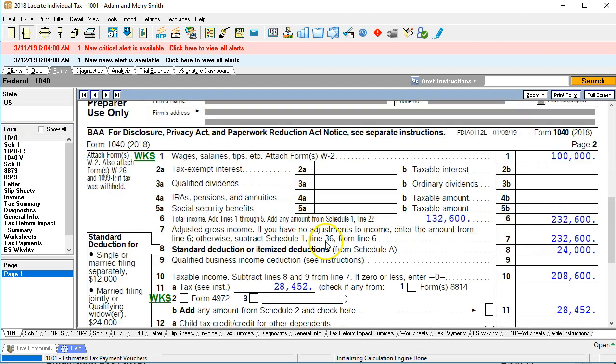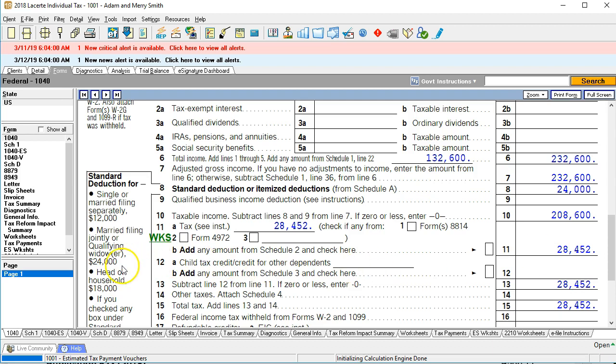So within the 1040, we had 100,000. This is W-2 income. Then we see this 132,600 that was pulled over from Schedule 1, the new schedule in 2018, to give us the income of 232,600. We have the standard deduction for married filing joint, 24,000, and that's going to give us, if we subtract those out, the 208,600.